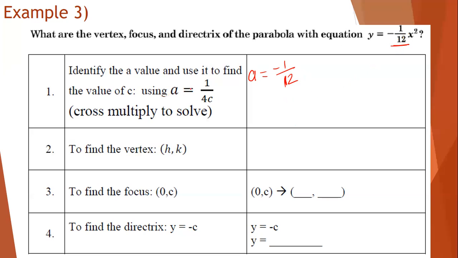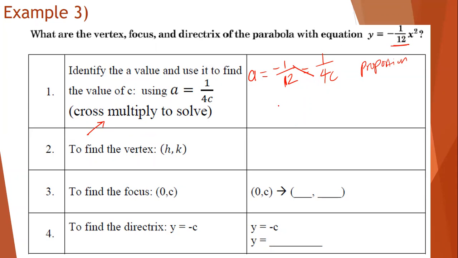Okay, and we know that A equals 1/4C. So I set this equal to 1/4C. Back in 5th and 6th grade, you learned that this is called a proportion, when you have 2 fractions equal to each other. And how did you learn to solve proportions? The butterfly. You learned to cross multiply and divide, correct? So we're going to do the same thing here to solve for C. We're going to cross multiply.